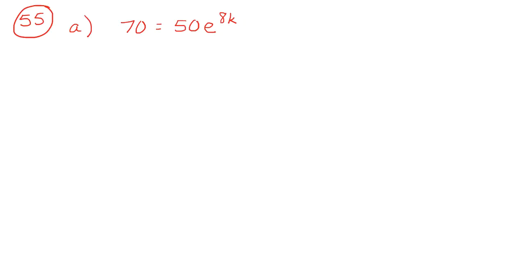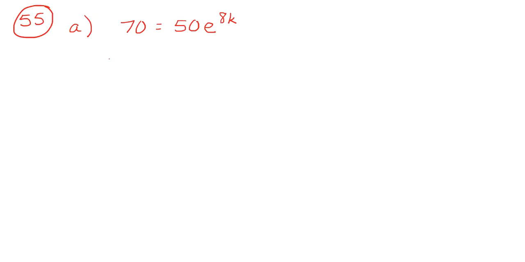And if 50 of the protozoans grew into 70 in 8 hours, we just plug in the start at 50, the ending result at 70, and the 8 hours. The K in this formula is a constant that we are not given. So before we can write the formula that they want for part A, we need to find this K.